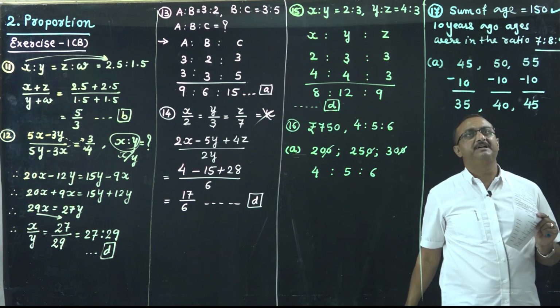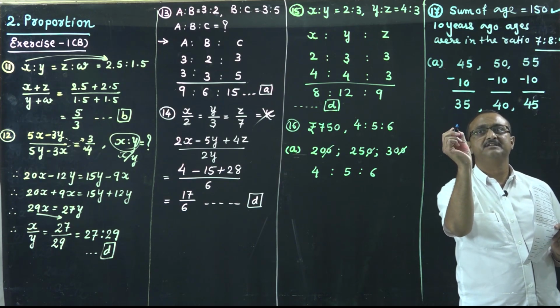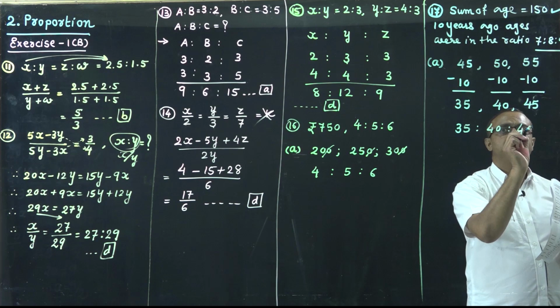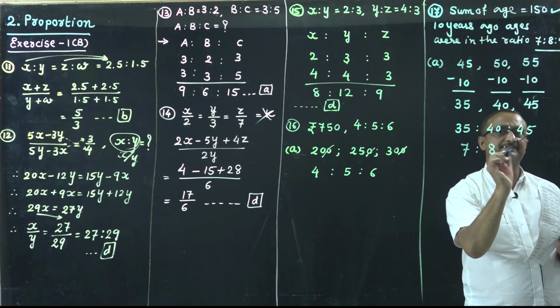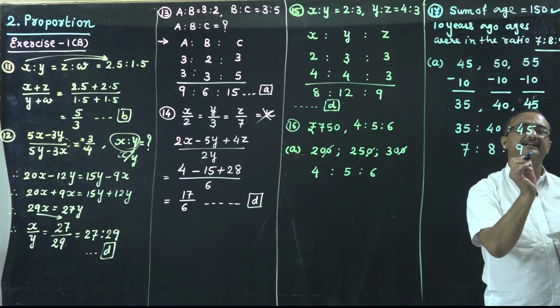Again check this. 35:40:45. Let's cut all by 5: 5 7s are 35, 5 8s are 40 and 5 9s are 45. So our answer is option A.